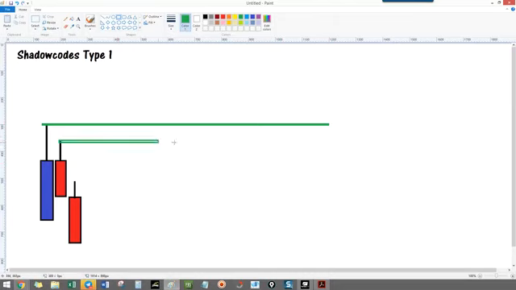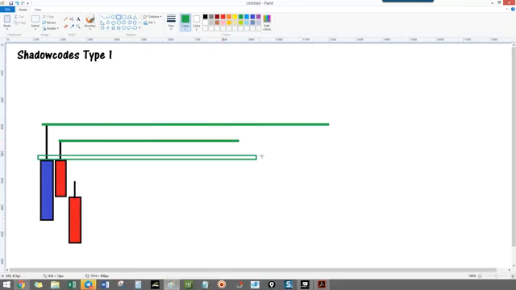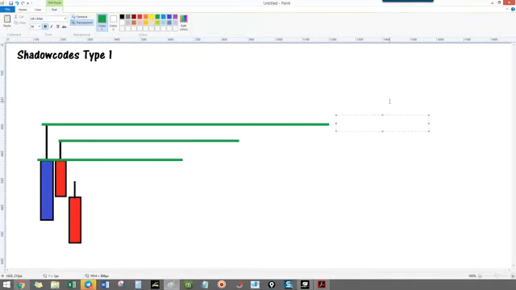One, two, three. You got 3 level of entry using Shadowcode type 1. So level 1, this is ST1H or ST1 high.